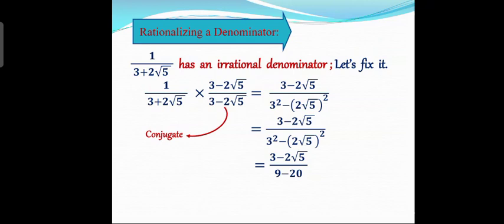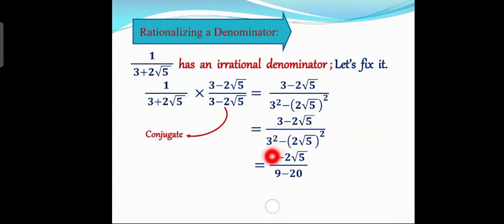After multiplication we get 3 minus 2 square root of 5 over 3 square minus 2 times square root of 5 square. Using the difference of squares, we get 3 square minus 2 times square root of 5 square.